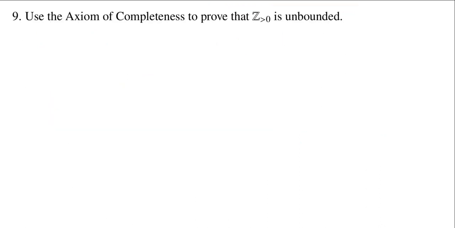In problem number 9, we're asked to use the axiom of completeness to prove that the set of positive integers is unbounded. This is a classic proof, and I might make a video that talks about why this is even something you'd want to do. Because normally you're thinking, hey, it's the positive integers. It just goes on forever. That's obviously unbounded.